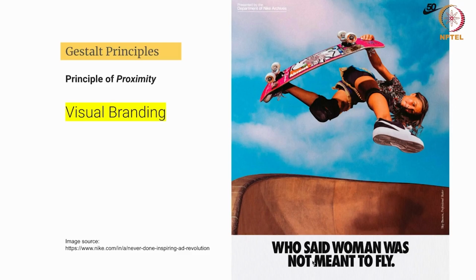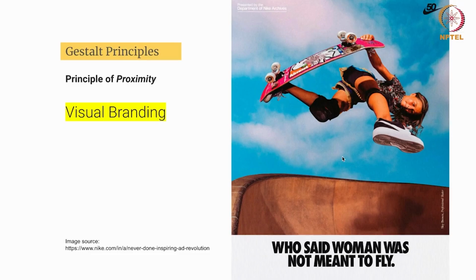And again, the elements like the Nike 50-year celebration and the presented by the Department of Nike Archives, although in different segments, when you consider this poster as a layout, you will always associate the overall composition to be represented as a whole.